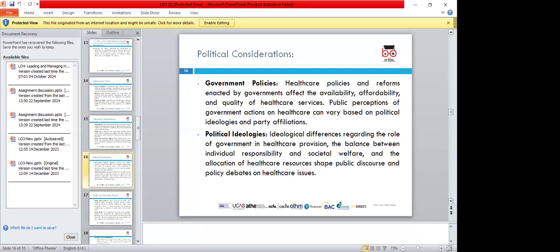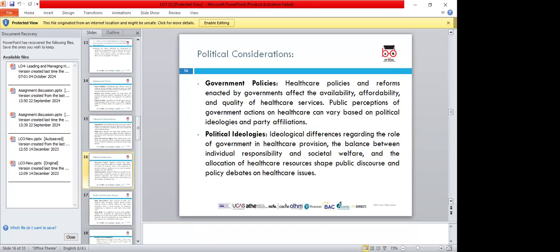Public perceptions of government actions on healthcare can vary based on political ideologies and party affiliations. So again, government policies are made to help the citizenry concerning availability, access to available healthcare, affordability of pricing and everything, and quality of healthcare services.